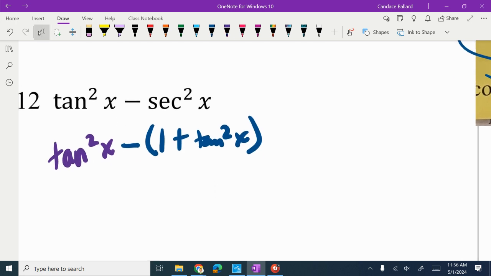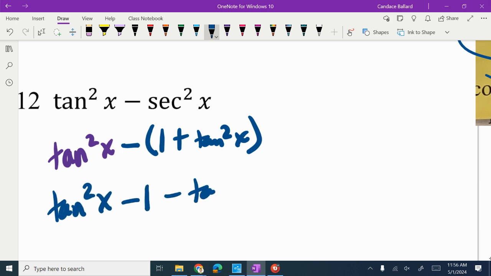Now, look at the algebra that's there. So we're going to basically do trig with all the algebra rules we've had so far. What does instinct kick in and tell us to do? Distribute. See, you already know this. So we've got the tangent squared x minus 1 minus tangent squared x. So we distribute it.